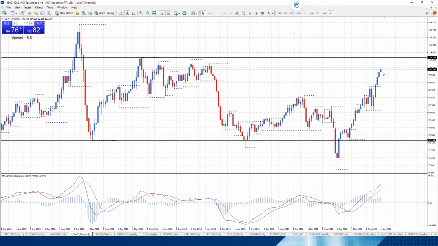If you didn't see it, well, maybe that could be a level up here that you sort of paint in and say to yourself, well, if price gets back up there and I see a failure and I see an entry point, then again, that's a positional type scenario using your monthly chart.